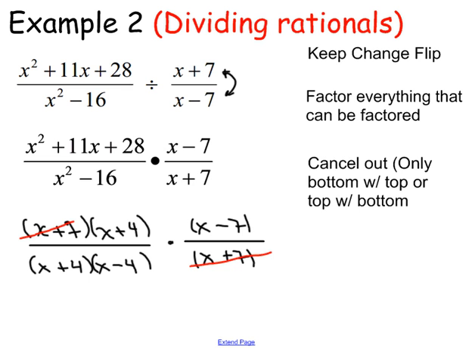And I could also cancel out this x plus 4 with this x plus 4. So what am I left with? I'm left with x minus 7 over x minus 4. That's my final answer.